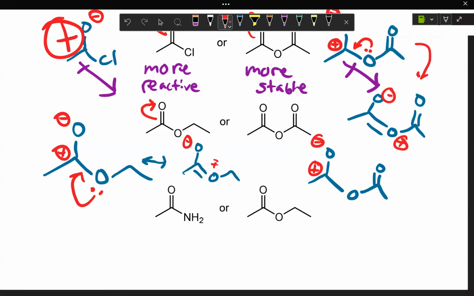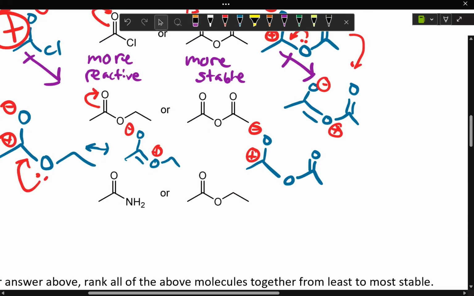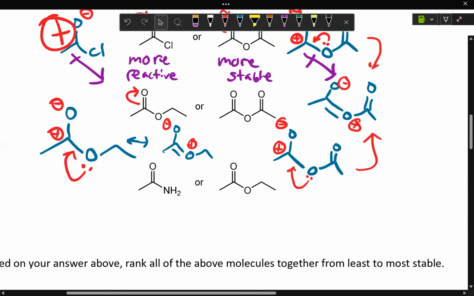So that stabilizes the positive charge because you can move the positive charge onto the oxygen. And you might say, but the anhydride can do that too. And you are correct, the anhydride can also do that. I already drew that, so to save time, that's not the difference, because both of them can do resonance onto that carbon in order to stabilize the positive charge.